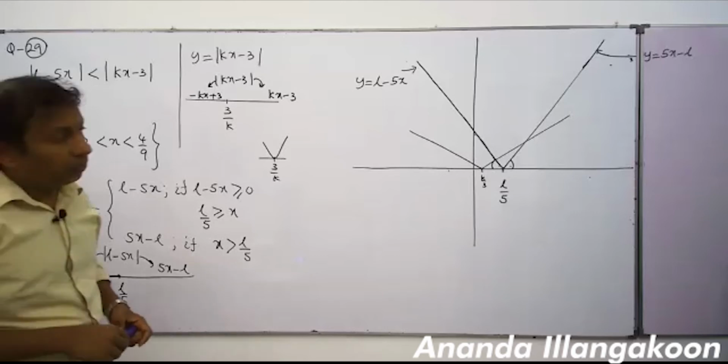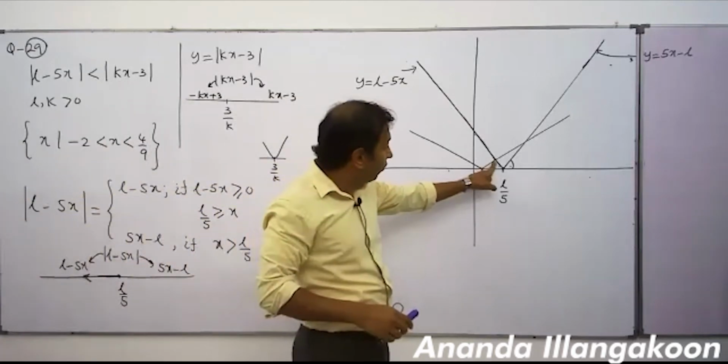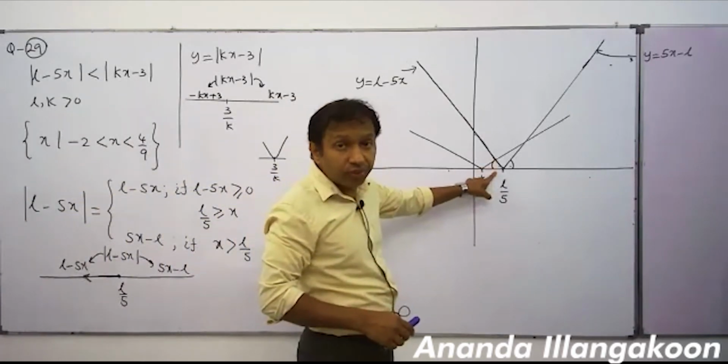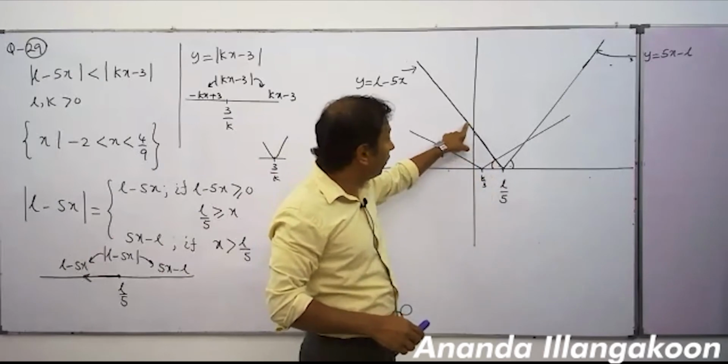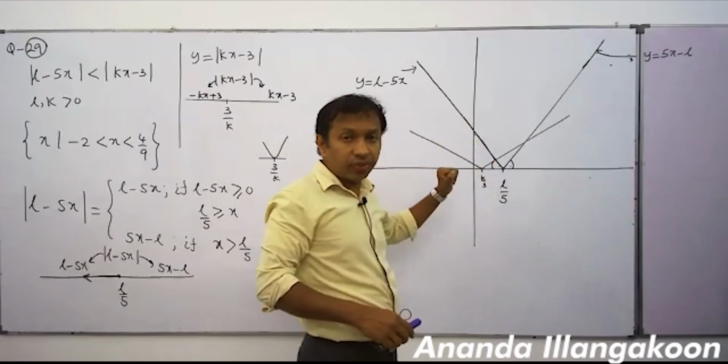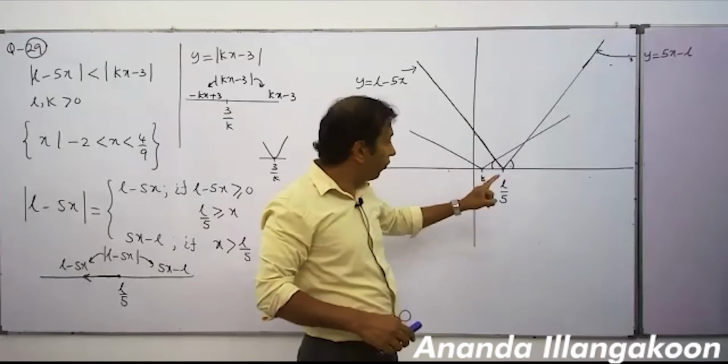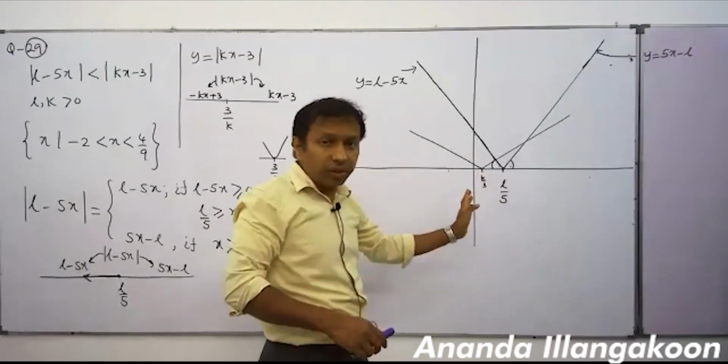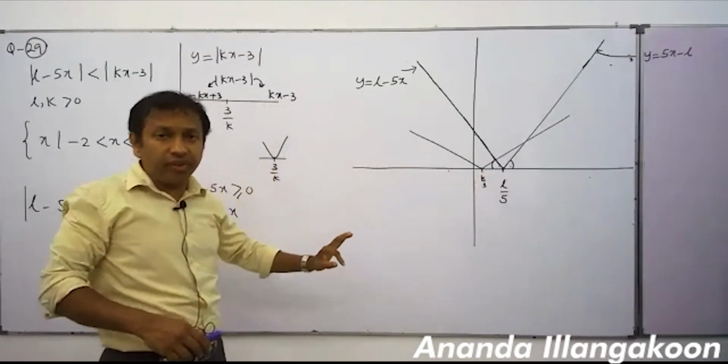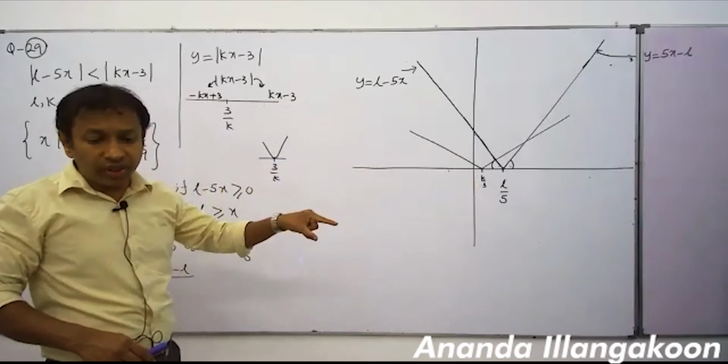No. Why? Here this is not a minus value. This and this branch should intersect on the left of the y-axis. Therefore, when you take k/3 less than L/5, satisfying that condition, you can't draw.